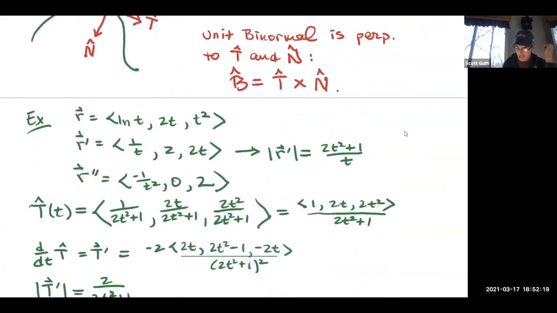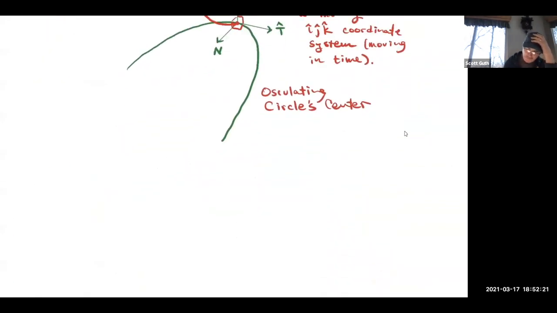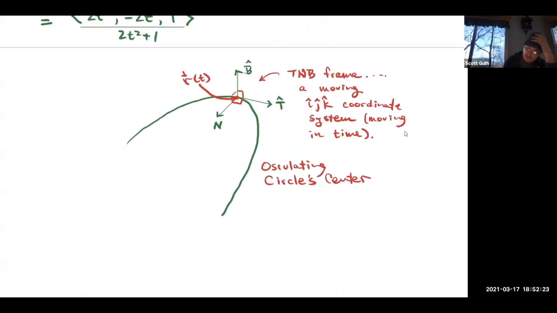Unless you have the TNB frame. Then for the center of the circle, you go to the point r of t. From there, what direction should I go, T, N, or B?